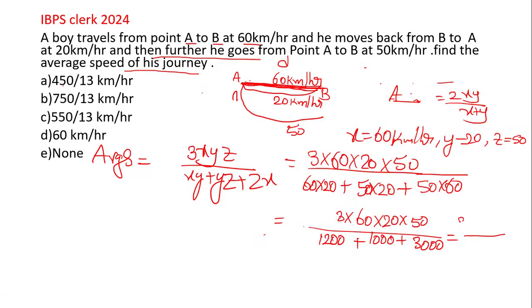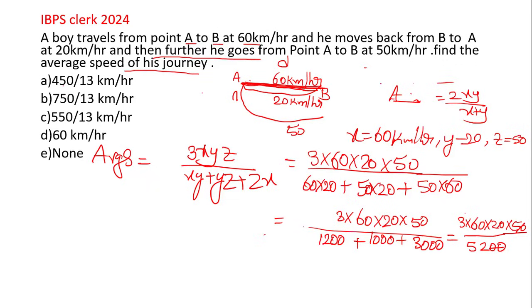Fine. 3 into 60 into 20 into 50 by 3000 plus 1000 plus 1000, which is 5000 with the zeros. Cancel the two zeros.